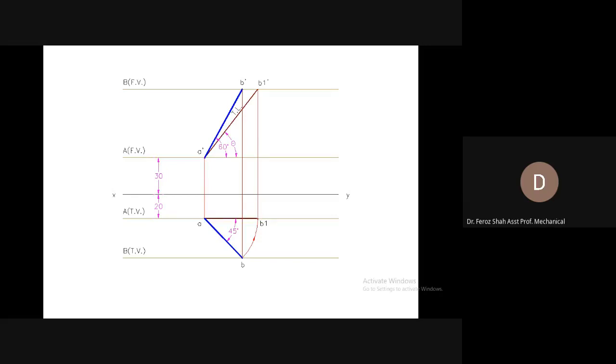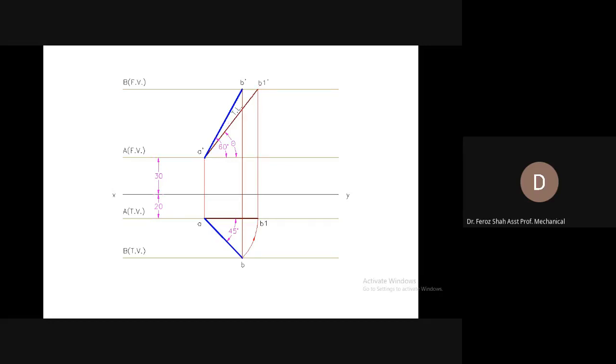For the front view of B1, draw a perpendicular projector perpendicular to the XY reference line, and where it cuts the locus of B dash, join this B dash with A dash. So this will be the true length of the line.